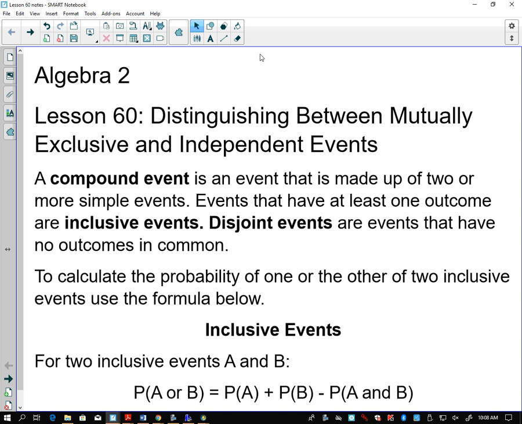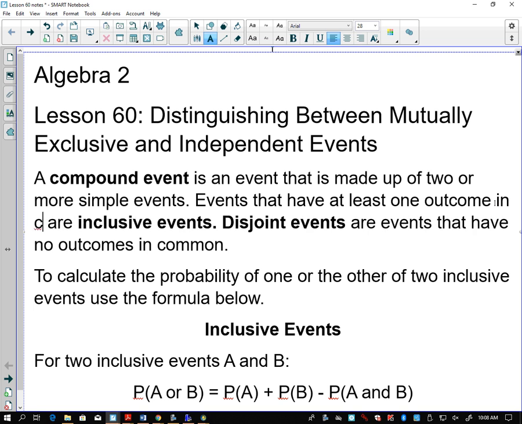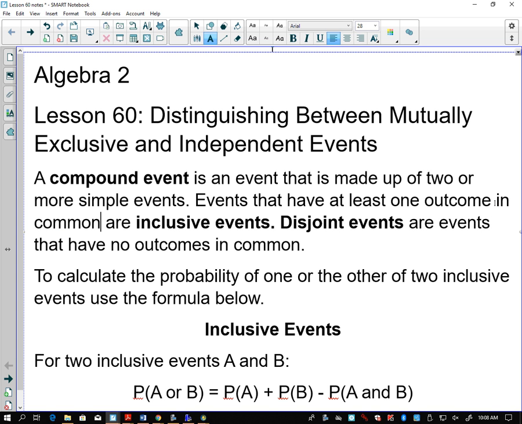Let's go ahead and add that in here. So if I'm rolling 2 dice, there's at least one possible outcome where they might be the same thing. You can roll 2 dice and get a 1 and a 1.